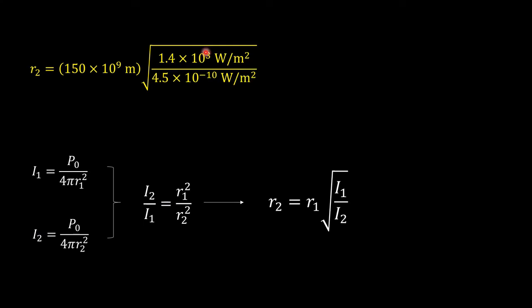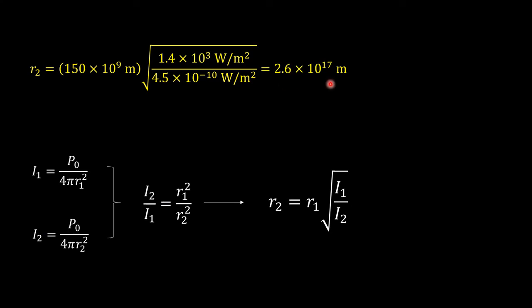Even after you take the square root, it's still going to be a really big number. 10 to the third divided by 10 to the negative 10th, that's 10 to the 13th. When you take the square root of 10 to the 13th, it's still a really big number. Then you still have to multiply by another really big number. And here's how far away that star is.